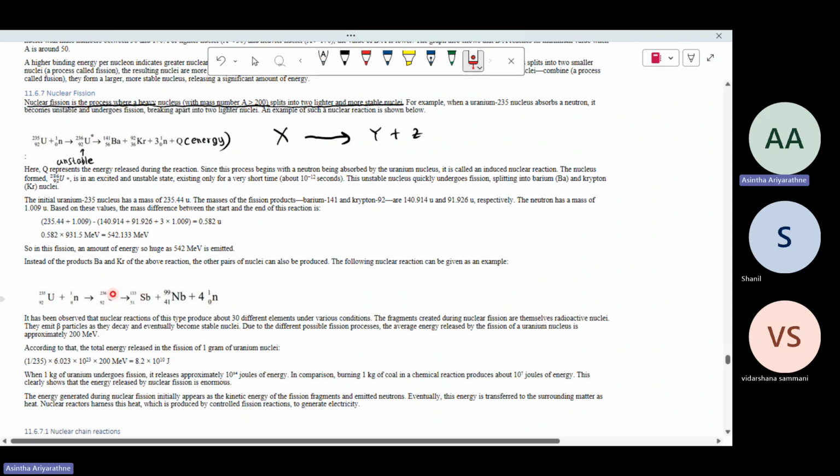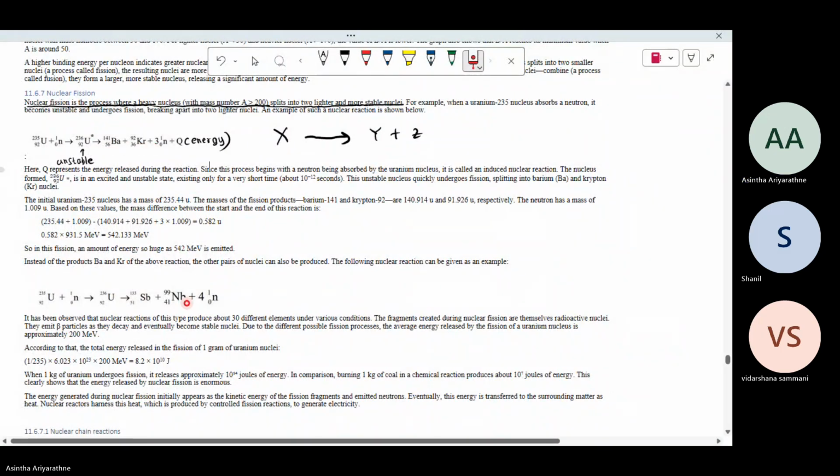But here, after the nuclear fission reaction, two different, more stable nuclei are formed. Not the same two nuclei as in the previous equation, the previous reaction.